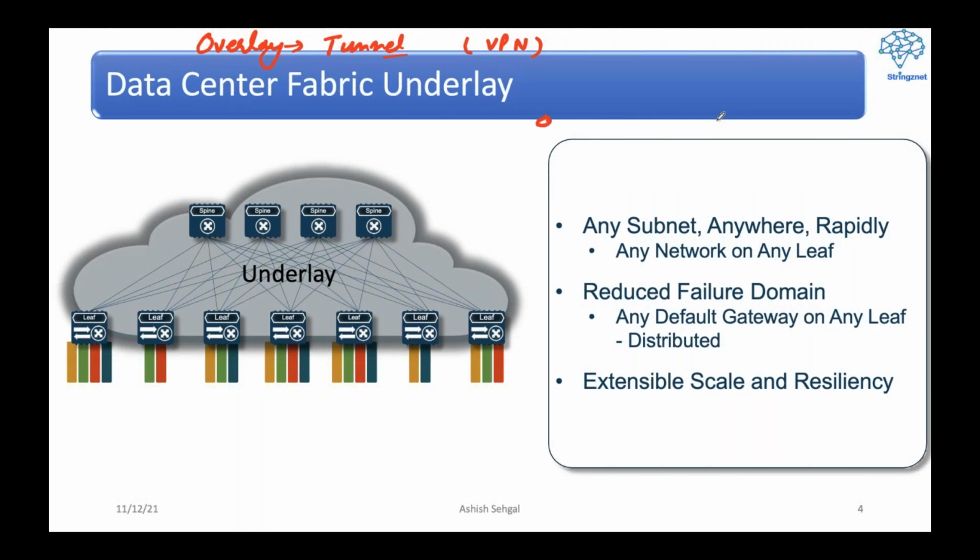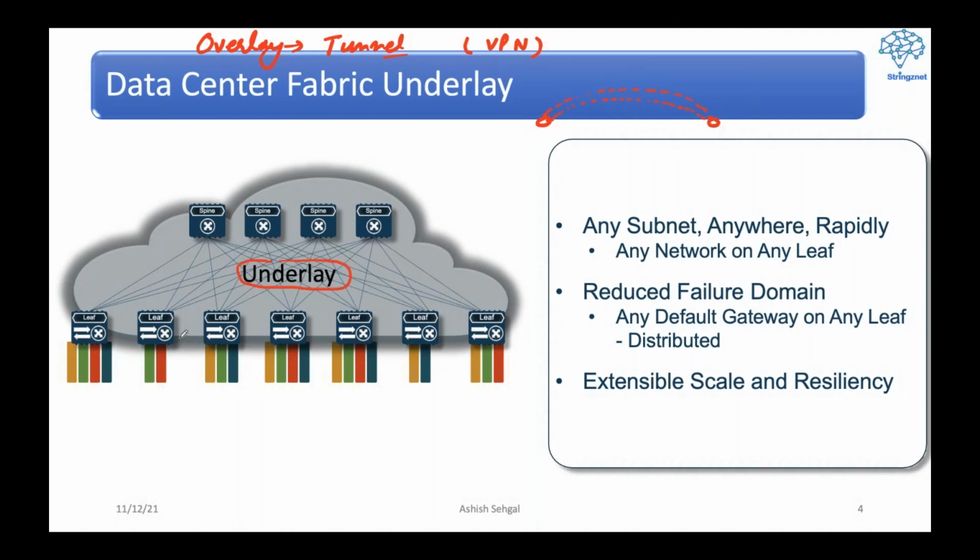Between two endpoints, if we want to secure our traffic, what we create is something called a tunnel. VXLAN in the same way is a tunneling technology, but any tunneling technology needs connectivity, and that connectivity is called underlay.